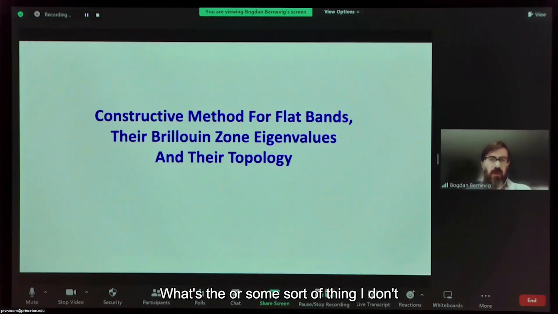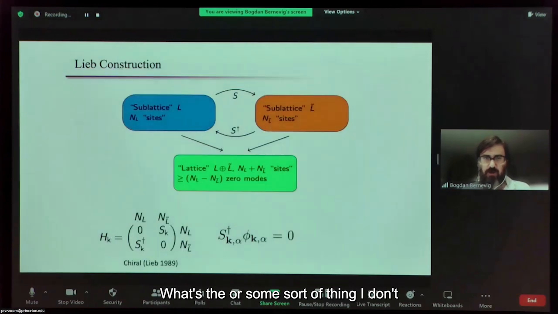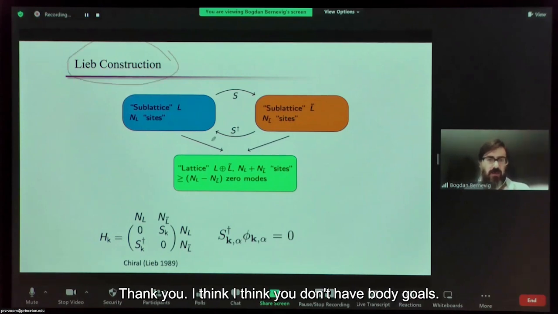Oh, okay, fantastic. Okay, so now we can give a constructive method for flat bands and show why it's natural that a lot of them, not all, are topological. And this is really a generalization of the Lieb construction. Okay, so Lieb said something in 1989. Lieb said the following thing: how can I build flat bands?